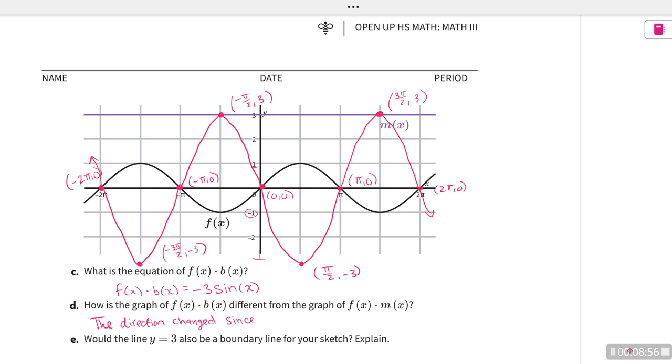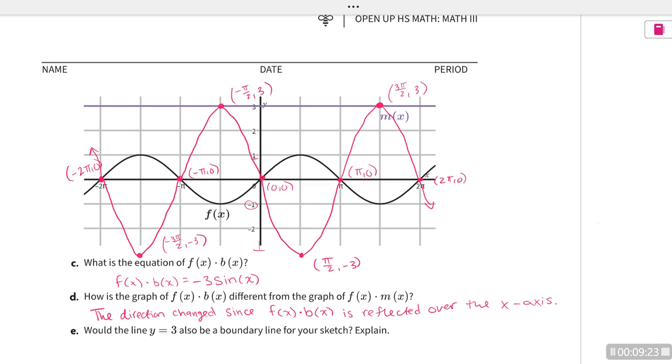Since f of x times b of x, the one we just did, is reflected over the x-axis by multiplying sine of x by a negative. That's what we did. We reflected it over the x-axis.